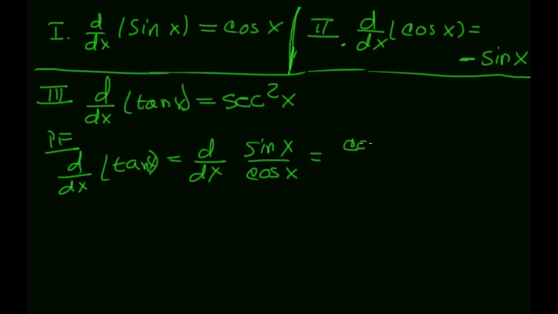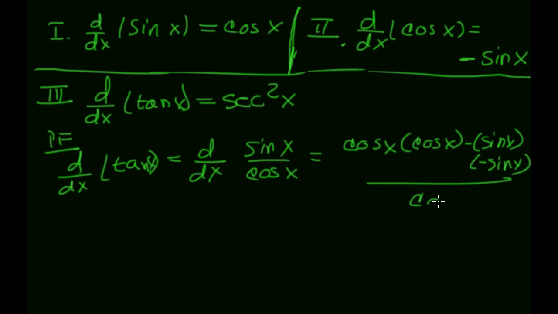Which is low d high minus high d low. So the d low here is negative sine x over low squared, right?